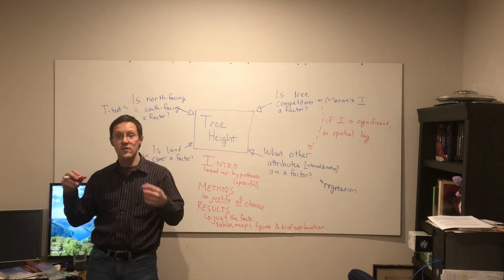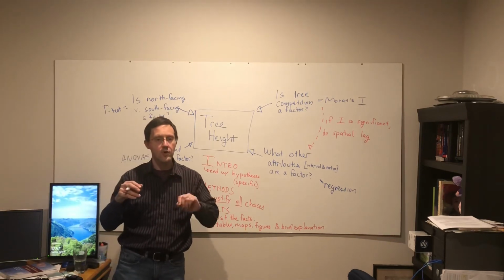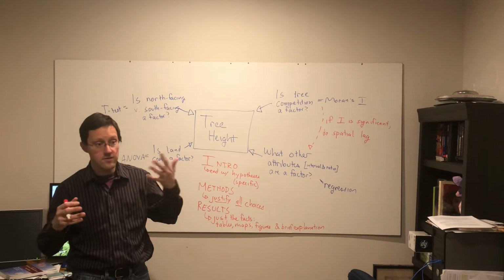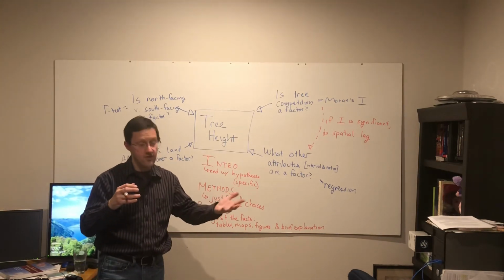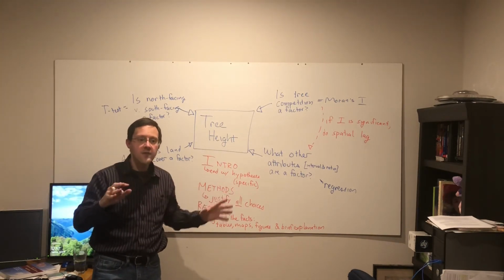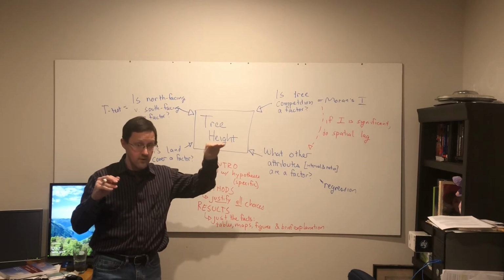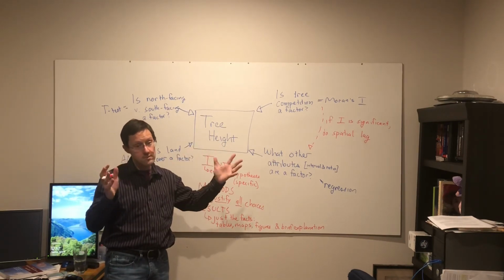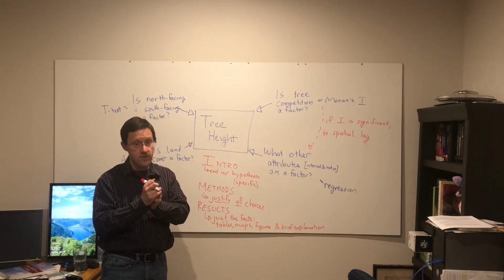However, the average height of the trees in the wetlands was lower. So I find that information, and I just say, here are the groups, here's what was higher, here's what was lower. They were significantly different from each other.